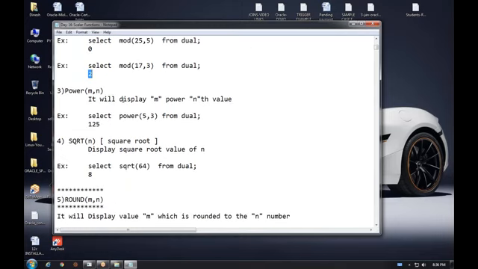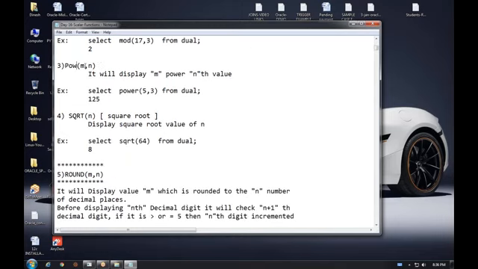POWER of m comma n displays m to the power of the nth value. Here POWER of 5 comma 3: 5 into 5 into 5, 125.